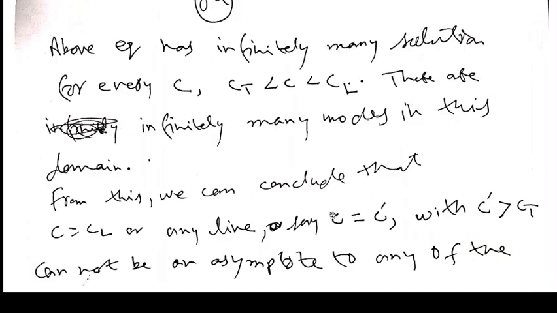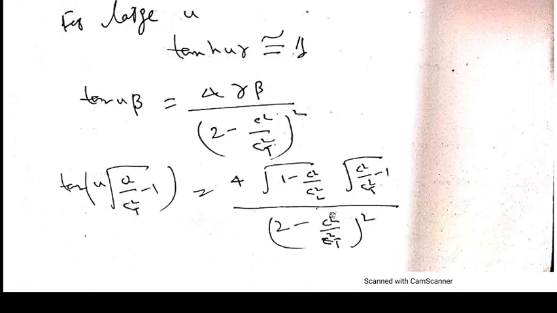So this equation has the property that for every value of C between CL and CT, as in this case we are taking C between CL and CT, we have infinitely many values of this u, which is the wave number, because we know that there are two unknowns, one is C and one is u.